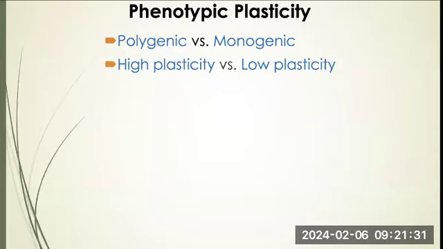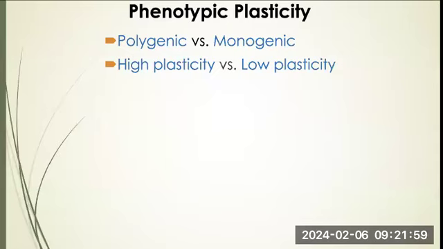A polygenic trait is one that is influenced by multiple genes. A monogenic trait is one that only requires one gene to be expressed. Now, there are certain characteristics that we thought were monogenic, but apparently have some polygenic components. An example of that is being able to curl your tongue.